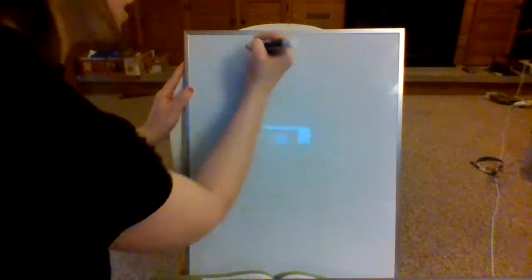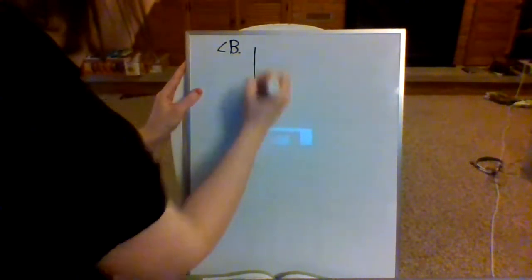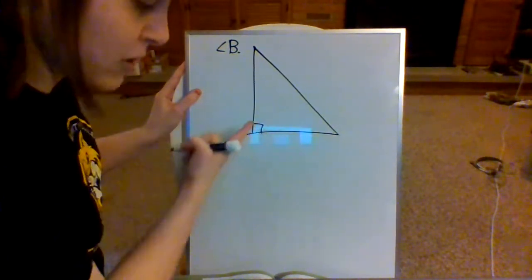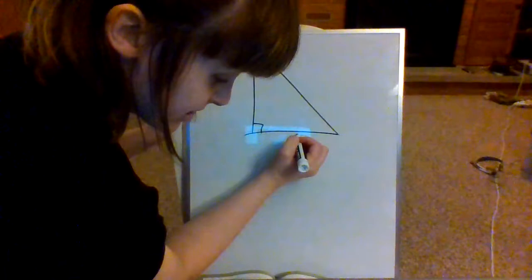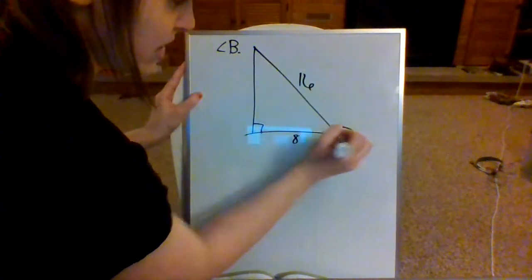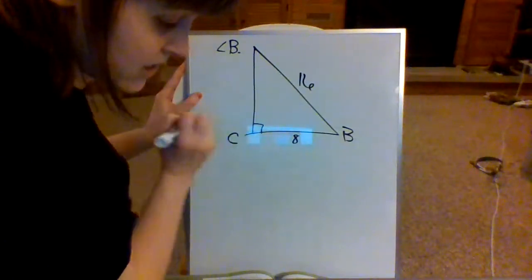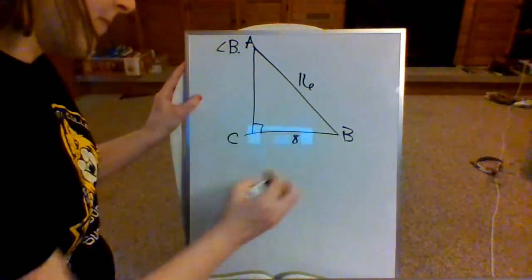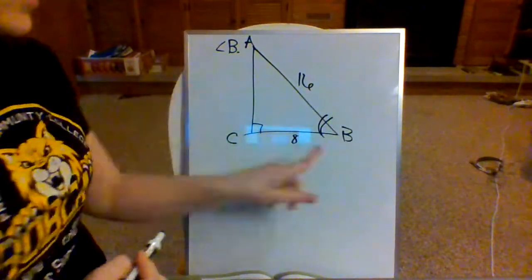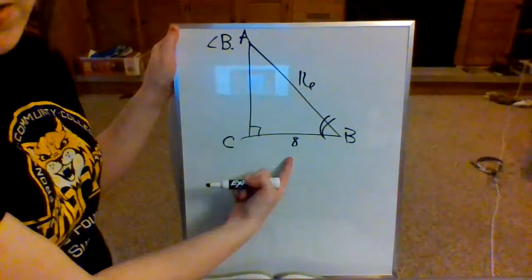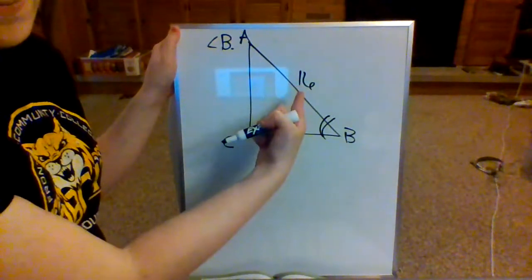Alright, next one, we're trying to find angle B. Okay, and that looks like this. Okay, the right angle is down here. This side is 8. This side is 16. This is B. And this is C. And up here's A. Our job is to find angle B. So if this is our angle, we have the adjacent side and we have the hypotenuse.